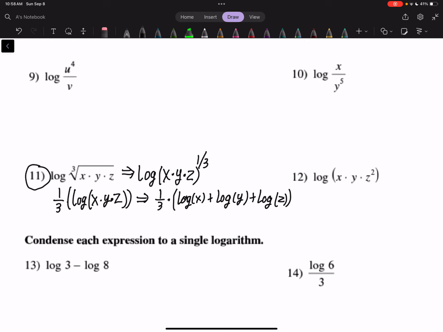Now, like I said, you can distribute this 1/3 to everything, and I'm going to do that. But if you don't, as long as you have the parentheses grouping the whole entire expression, you could be done. But now, 1/3 log of x plus 1/3 log of y plus 1/3 log of z. There we have it. We're done with number 11.